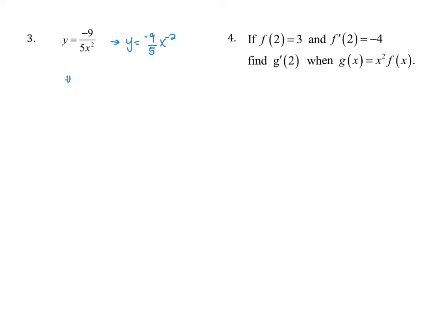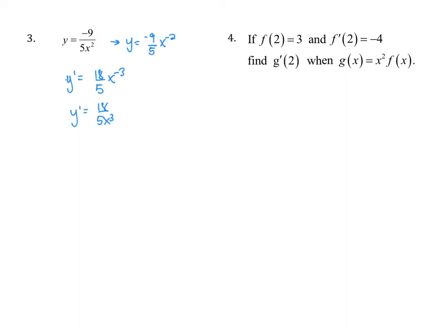So I can rewrite this to say y prime equals positive 18 over 5 x to the negative 3. So y prime equals 18 over 5x to the third. How'd you do? Certainly you could have used the quotient rule, but I think you'll see that rewriting it to make it a little bit easier before you begin is a much simpler process.